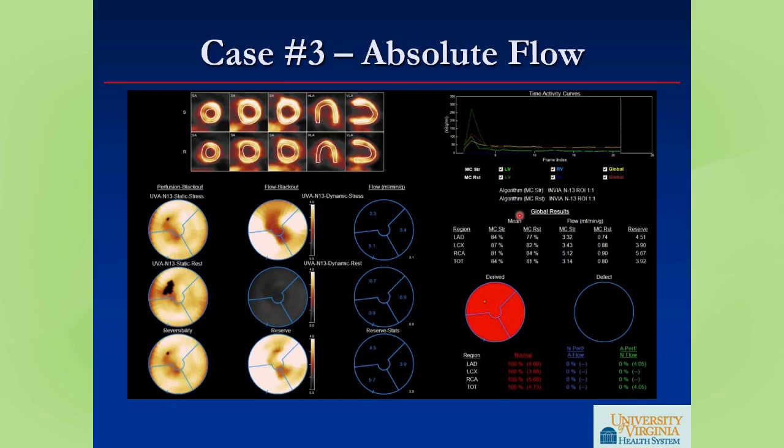If you see a stress LV curve that goes up and then just zigzags back and forth all the way across the screen, that is not a good test, and I would be very careful about including that data.